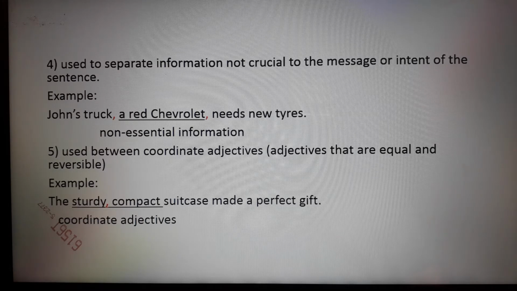They have a similar meaning. That's why they are separated by a comma. You say the sturdy, comma, compact. Yes? And those adjectives are also reversible. That is to say that you can say first the compact, comma, sturdy, and it makes perfect sense.